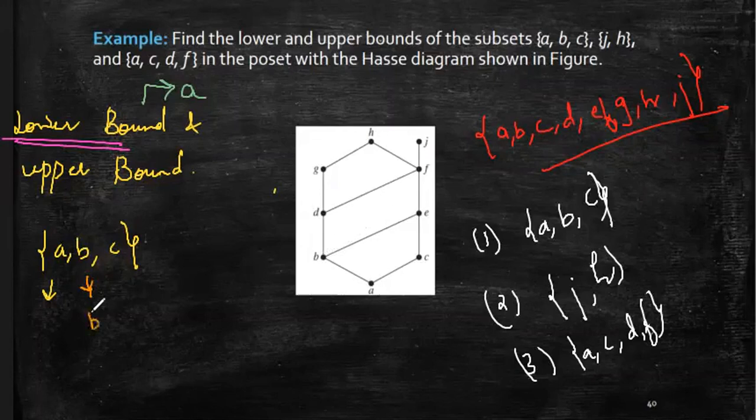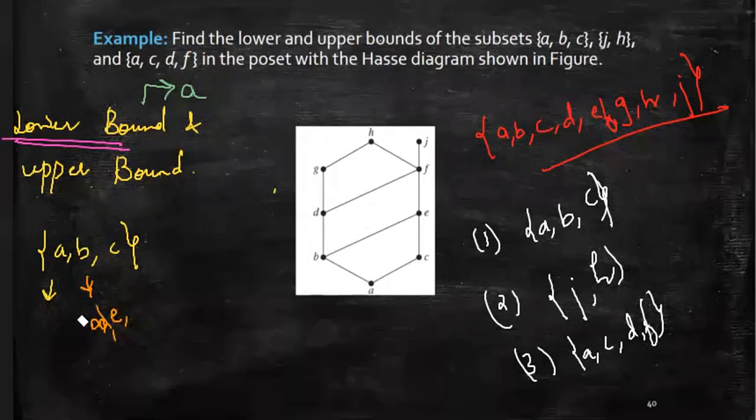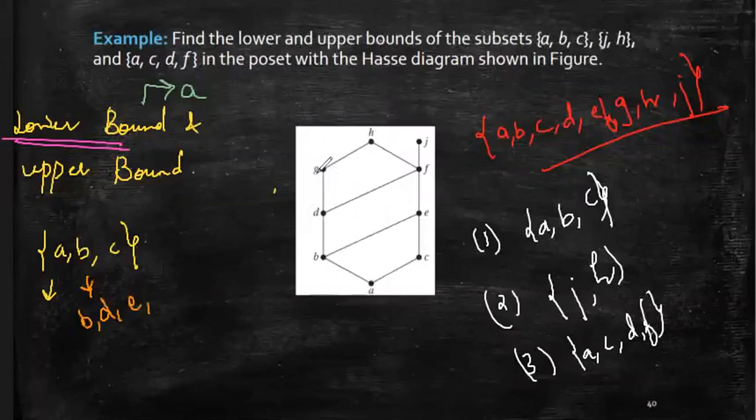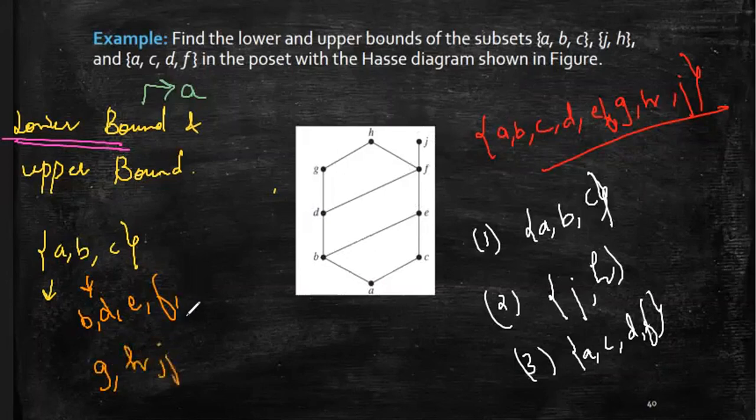That will be B itself, D, E. C is not connected to B, it is on the same level, so we are not supposed to write C. So we will have B, D, E. Then D is connected to G, so we will also have G, and E is connected to F, so we will have F, G, and then G is connected to H and F is connected to J, so all those elements. These are the elements greater than or equal to B.